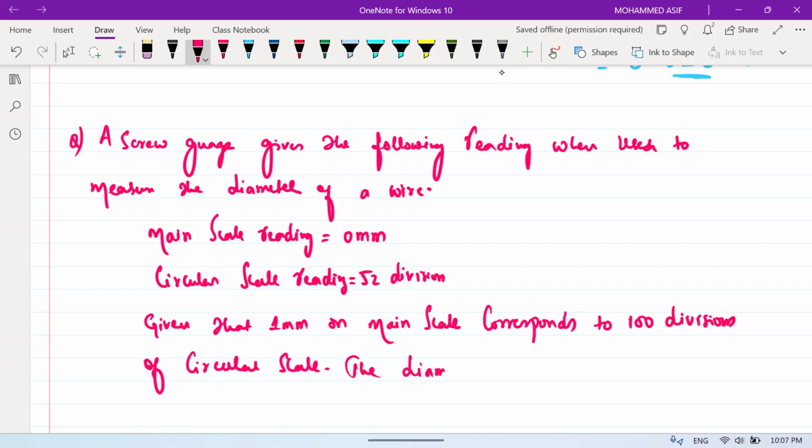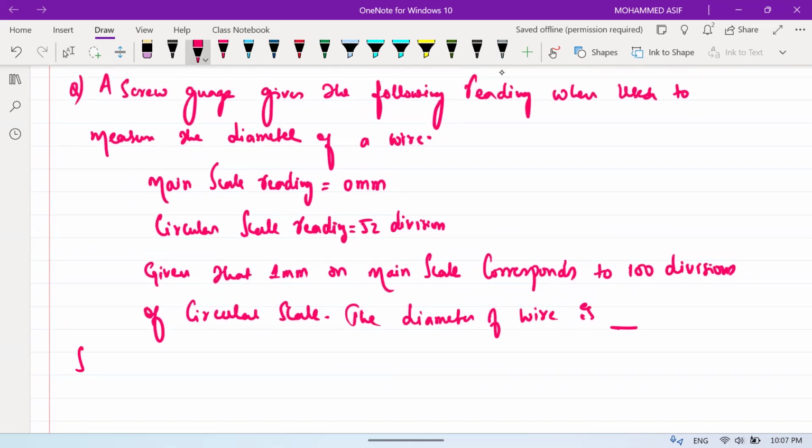Can anyone read the question carefully first? We have a screw gauge, and the screw gauge gives the following readings when used to measure the diameter of the wire. The main scale reading, MSR, is 0.0 mm. The circular scale reading, CSR, is 52 divisions.